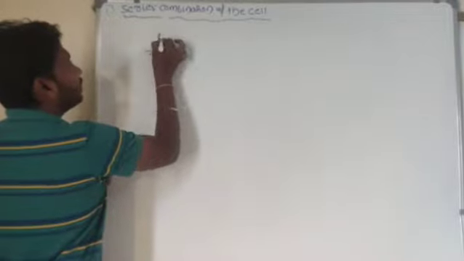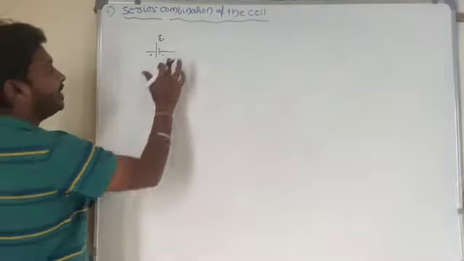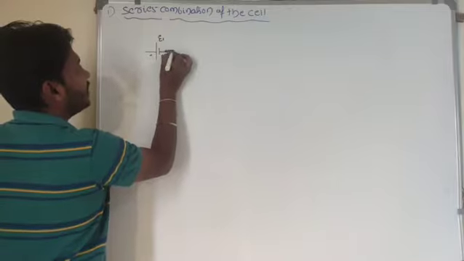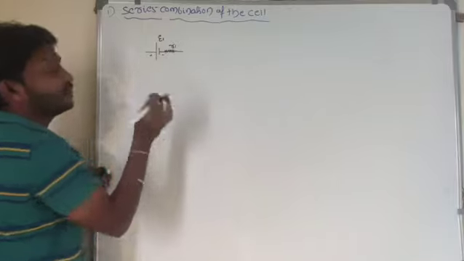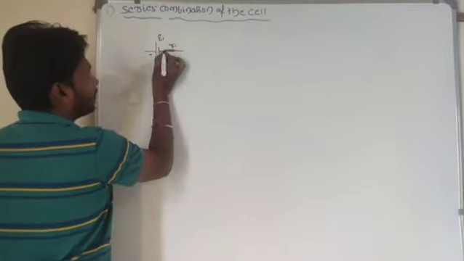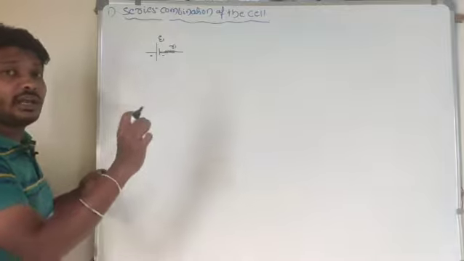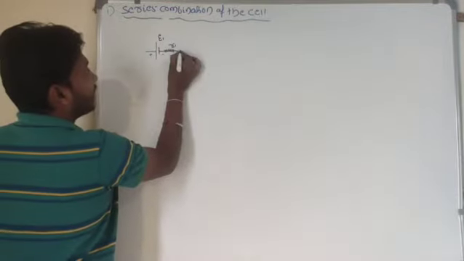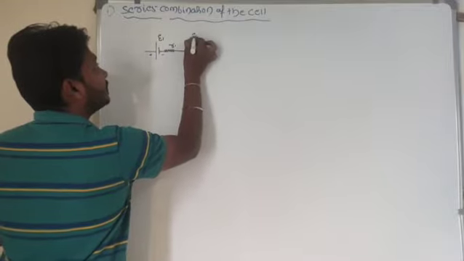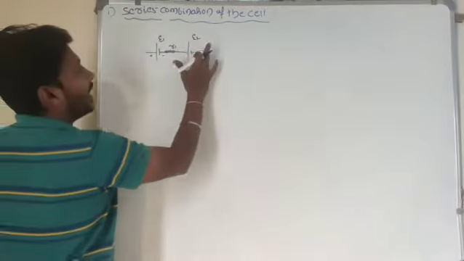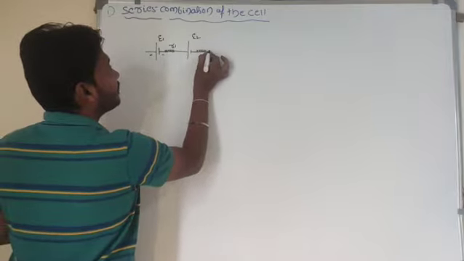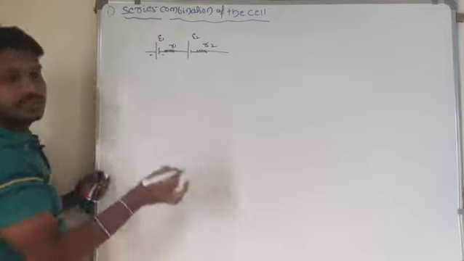The EMF of the first cell, let me take it as E1, and this cell has an internal resistance, which I will take as R1. Look here, to make a series connection, the negative terminal of the first cell is connected to the positive terminal of the other cell. This is the second cell, E2, with internal resistance R2. Did you get my point?